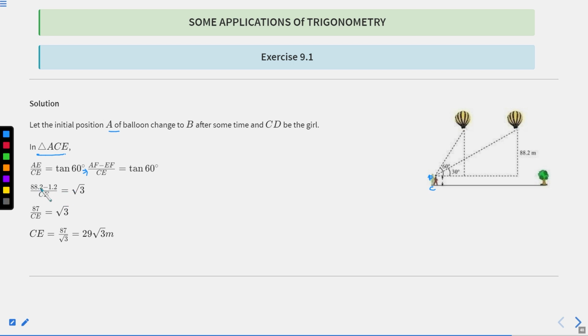So 88.2 minus 1.2 divided by CE is equal to root 3, and it implies 87 by CE is equal to root 3, so CE is equal to 87 by root 3, and this is equal to 29 times root 3 meters.